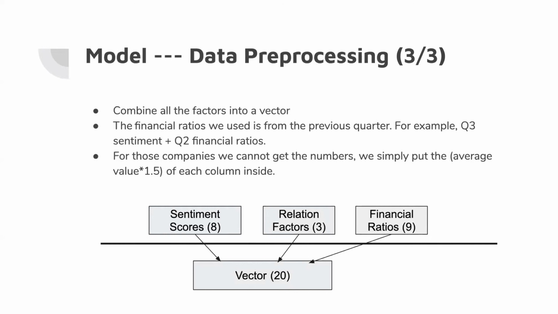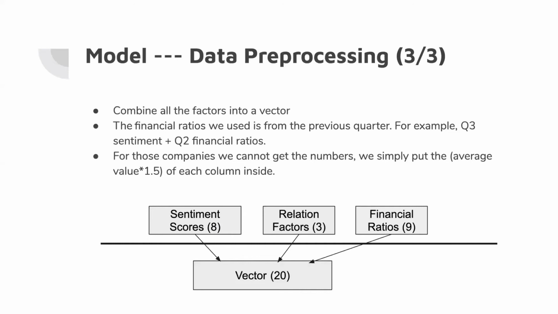So here we use the sentiment scores to combine with the financial ratios from the previous section. For example, if we want to train the data in Q3, we will use the Q3 sentiment scores with the Q2 financial ratios.